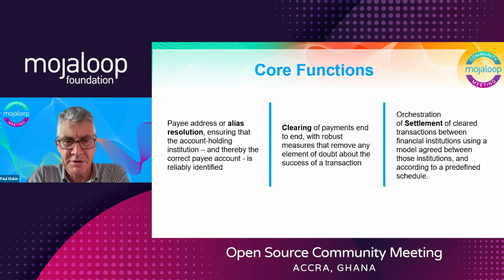And there is an understanding there, usually in the scheme rules, that the payee DFSP will pay out to their customer straight away. Settlement is where the money actually goes to the payee DFSP at a later time. It might be hours, it might be days, depending on the particular circumstances. Next slide, please.